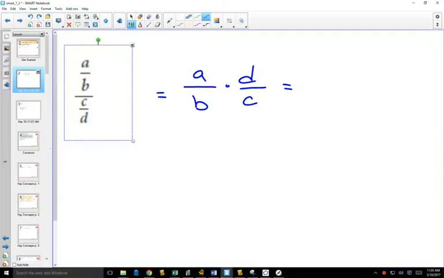Multiply across the top, so it'll be ad, multiply across the bottom, bc. So sometimes we have our fraction rules and we know what to do. If they're numbers, what we're really testing now is if you had anything, could you add fractions? Any variables, any functions, can you still apply your fraction rules and work with those?